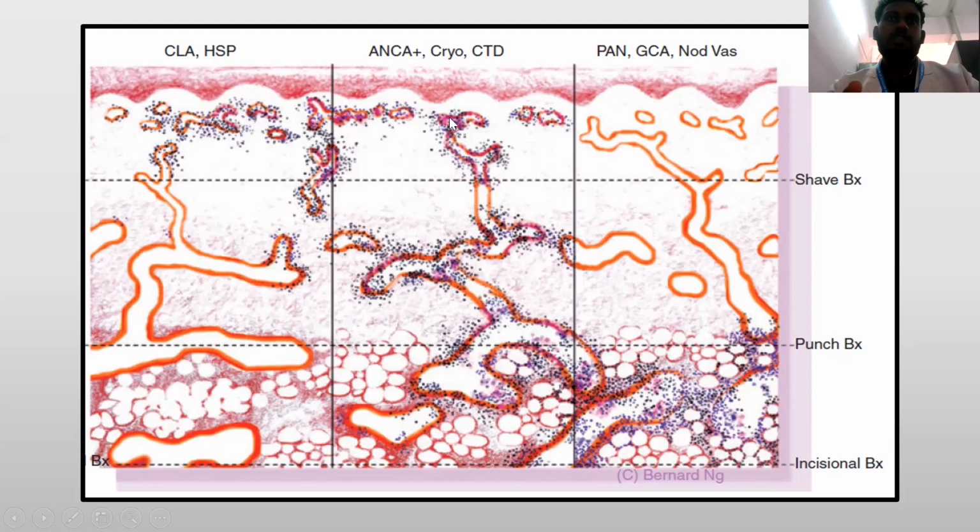Even for ANCA-associated and connective tissue disease associated vasculitis, the biopsy should extend up to the subcutaneous tissue to see the infiltrates properly.